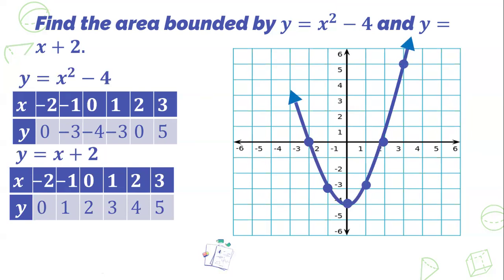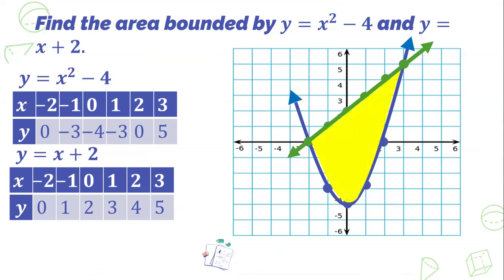Connecting, we'll have the parabola, which opens upward. For x plus 2, we have negative 2, 0, negative 1, 0, 0, 2, 1, 3, 2, 4. So obviously, all of those will be aligned so that we form a line. And again, this is the shaded area that we are computing.